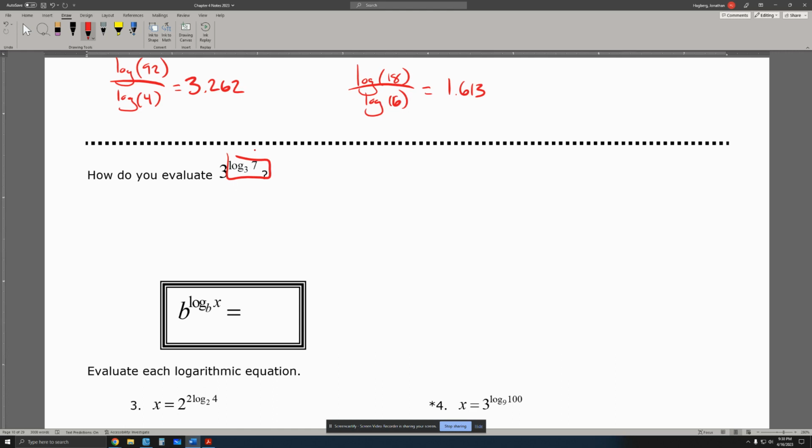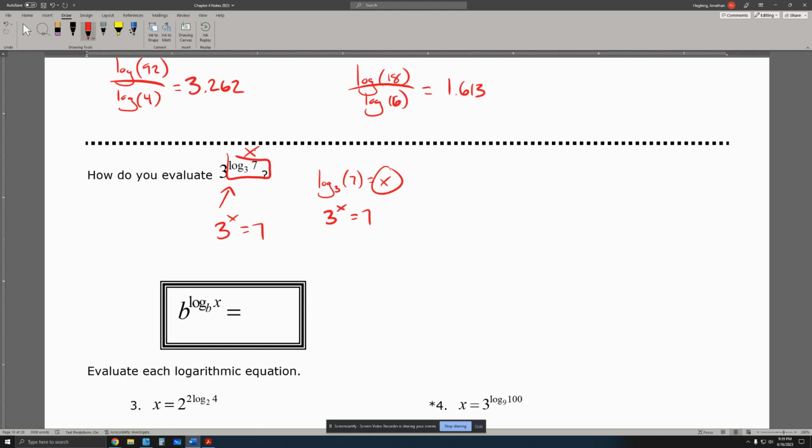If I were to call this x, log base 3 of 7 is equal to x, this would be 3 to the x is equal to 7. Well, I know that this whole quantity here is 3 to the x. So I know that this is equal to 7.